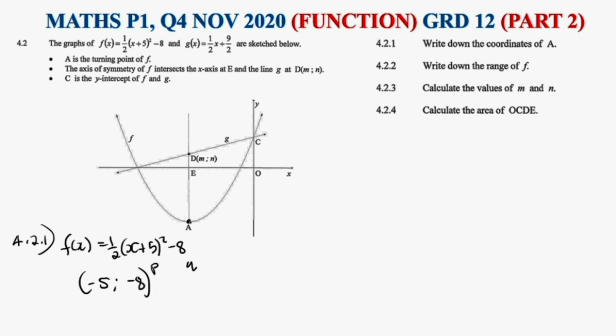And that's our turning point. Excuse me, what is happening here? I'm writing things that I'm not saying. Okay, minus 5 and minus 8. That makes sense: x is negative in the third quadrant and y is also negative. Great stuff.